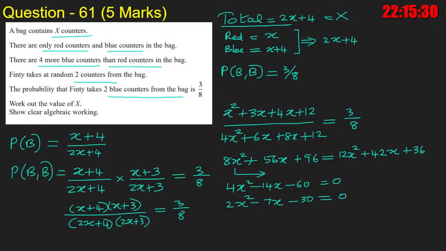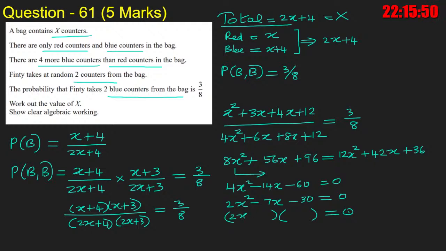And now you can press the calculator or you can use the factorizing equation. So 2 is my a and minus 7 is my b, and minus 30. I will show you a calculator operation: x equals 6 and minus 5 over 2.